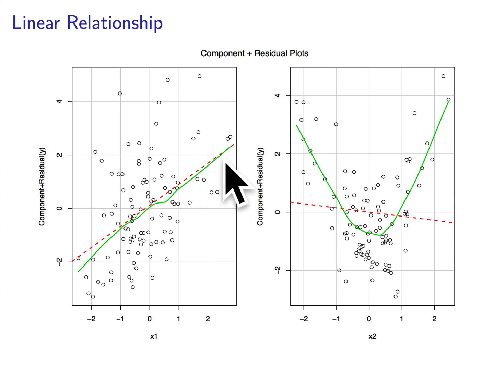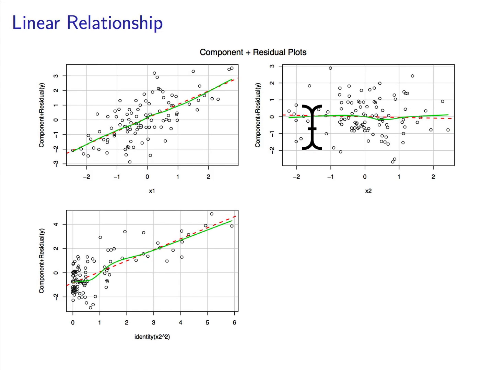And the solid green line is a running smoothed average along the x-axis. And as we guessed before, beta 2 is violating our linear assumption. This green line should follow the red dashed line, and it obviously doesn't. There's this very clear quadratic relationship that we are not capturing in that model.